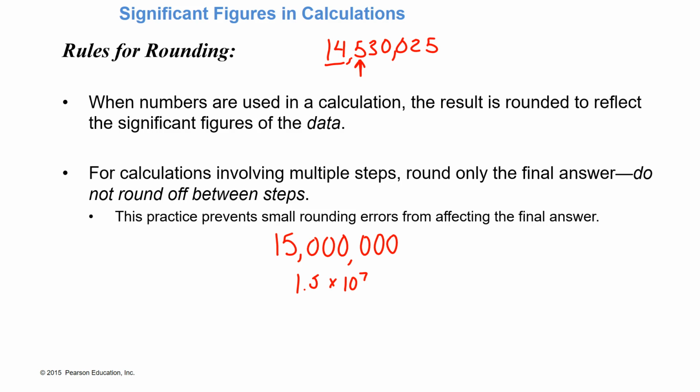All right, both of those end up being correct. So when we're looking at rounding, remember we're going to look at the number that's immediately to the right of it.